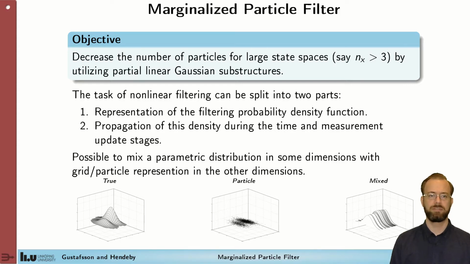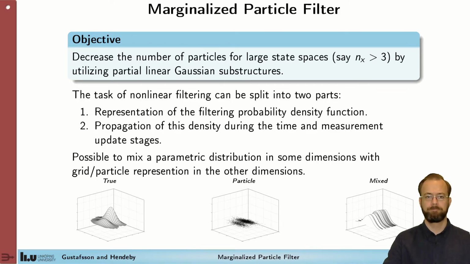The second step is to then propagate these distributions or the representations of these distributions forward in time. And in this case, the Kalman filter has an efficient way to do that with simple equations, whereas we have to deal with each particle separately in the particle filter. So if we could find the substructure in our problem where we can run the Kalman filter, we have a possibility to make things more efficient.